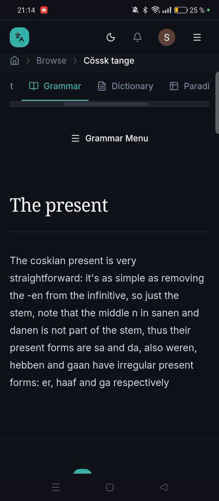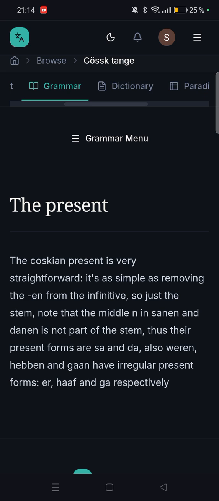Okay, with this you could start making sentences. Of course, since verbs don't inflect for person, with veren you say ek er, du er, han er, it er, vi er, je er, they er. Very simple.